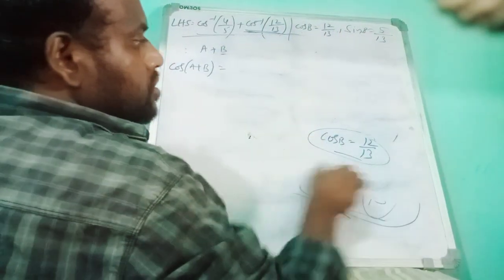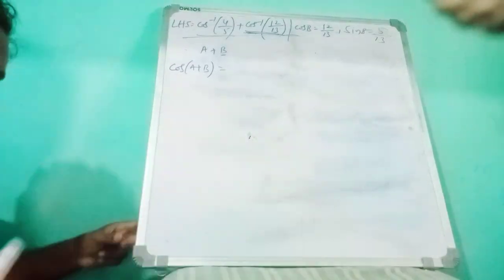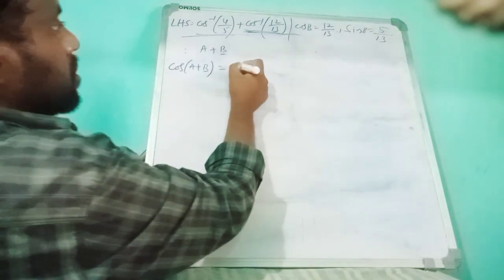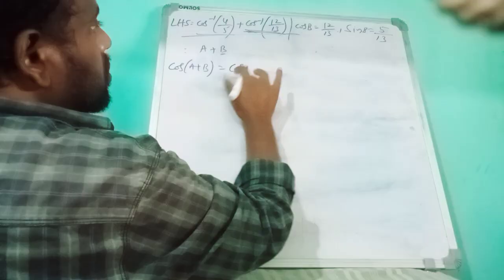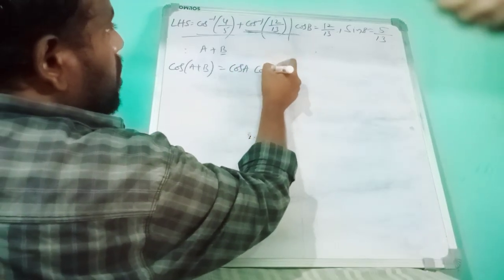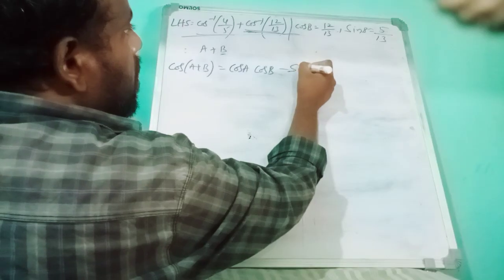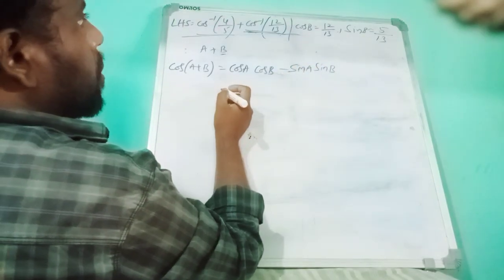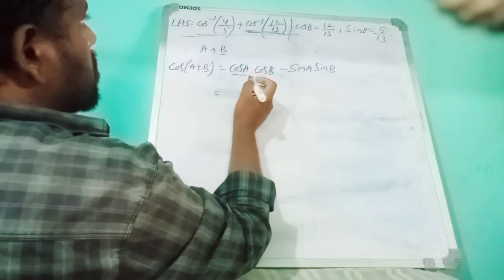So I will just erase this. We have a formula, this you have to remember: cos A cos B minus sin A sin B.